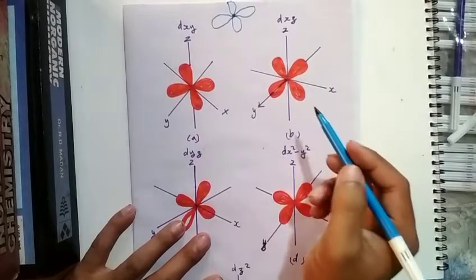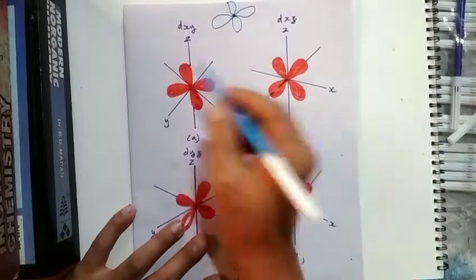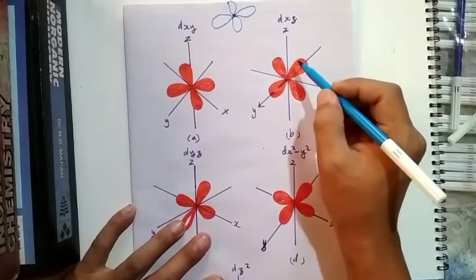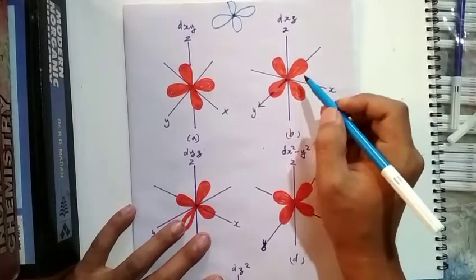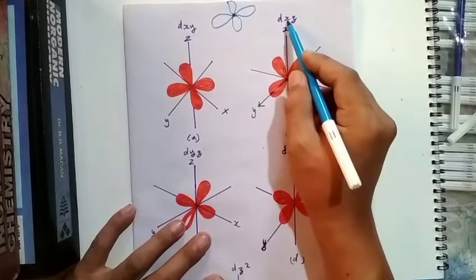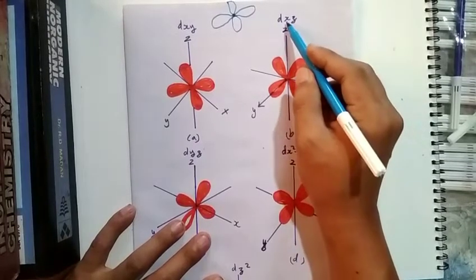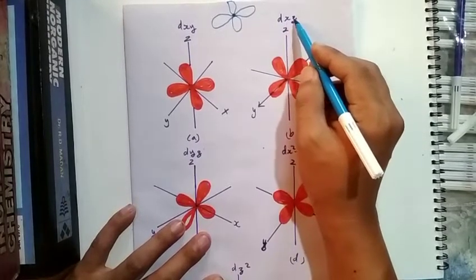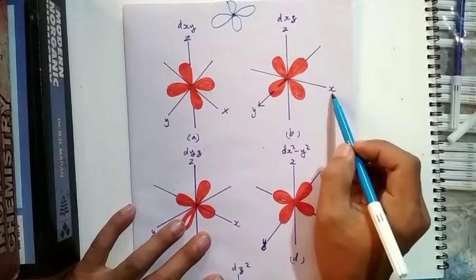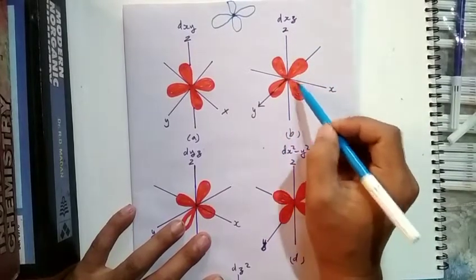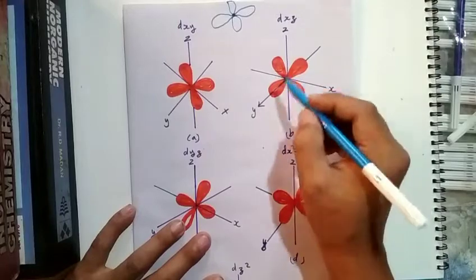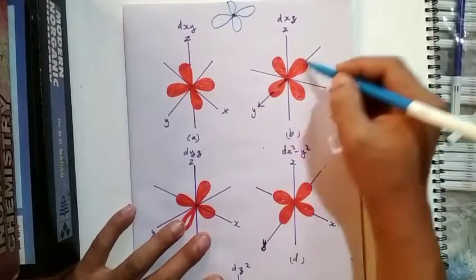Don't get confused. For dxz, the lobes will be in between the x and z axis and along the y axis.